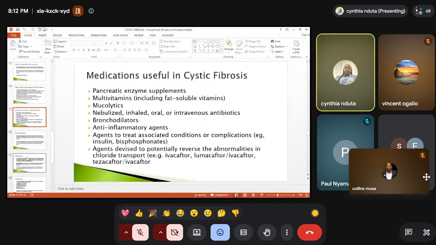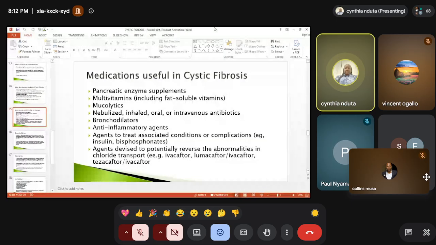And then we have these agents that are actually being shown to reverse the chloride transport challenges or the transport problems. Drugs like ivacaftor, lumacaftor, tezacaftor, ivacaftor. So these drugs have been shown to reverse the chloride transport abnormality. So these are drugs that we can also consider.